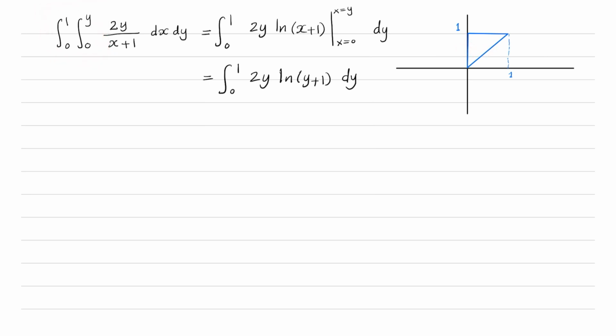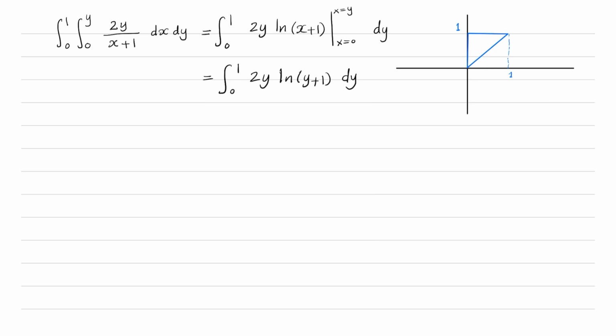But if we change the order of integration, then x goes from 0 to 1, but for any fixed x, y changes from this point, which is x, to this point, which is 1. So for any fixed x, y changes from x to 1.